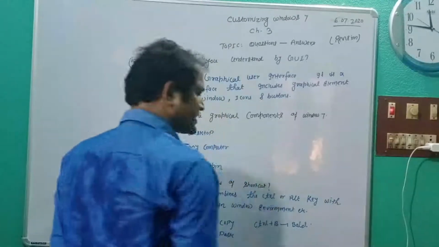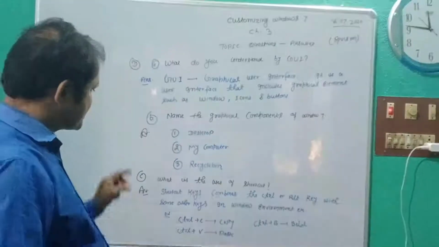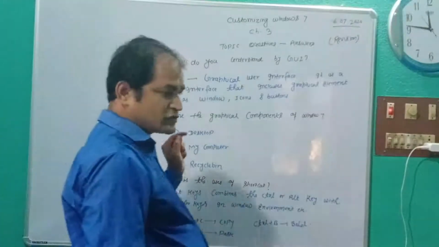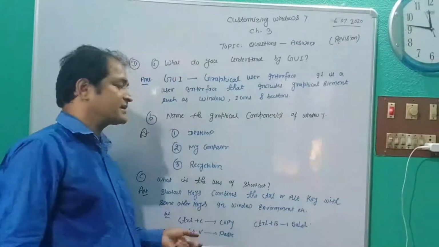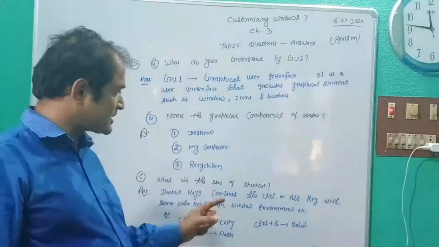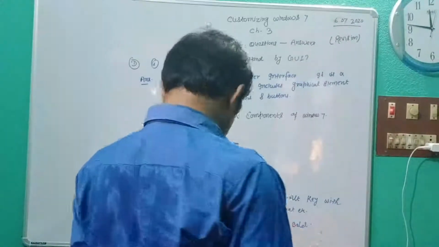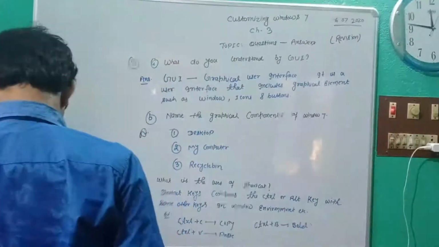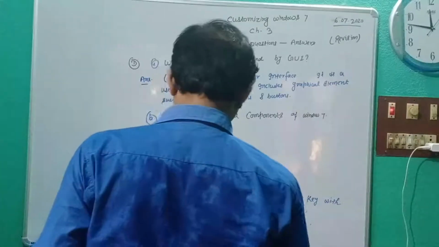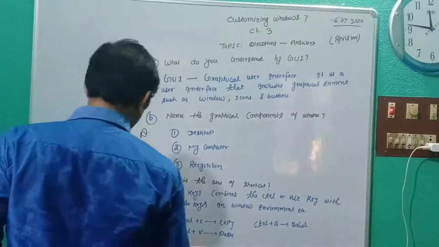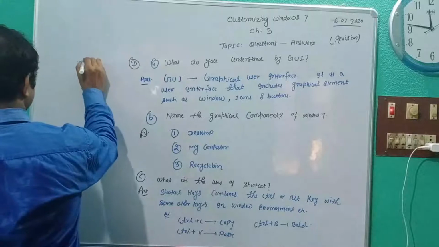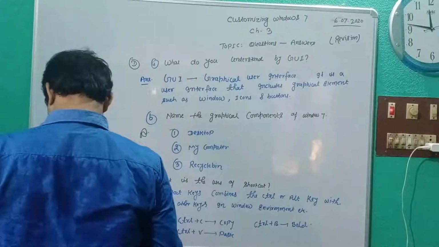There are so many shortcut keys, but this question is about the usage of the shortcut key. So a shortcut key combines the Control or Alt key with some other key in the Windows environment. And this is the last point related to this question.